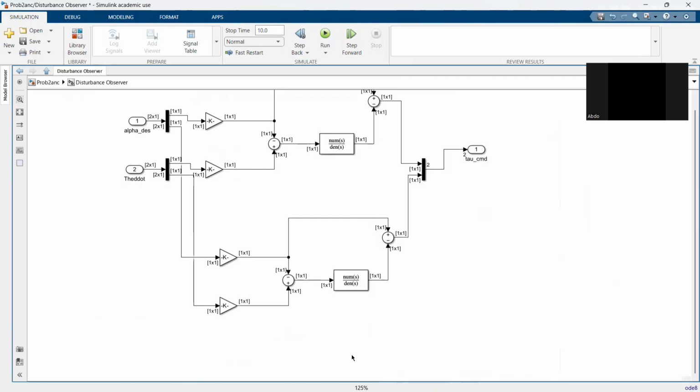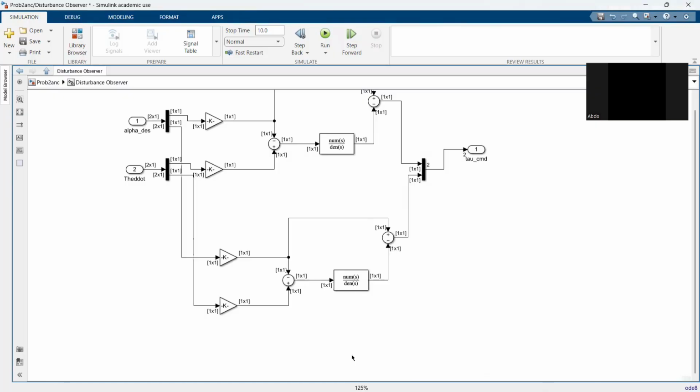To filter and remove noise and prevent reacting to any strong acting on the motion. After filtering the disturbance, it adds a compensation to our torque command.